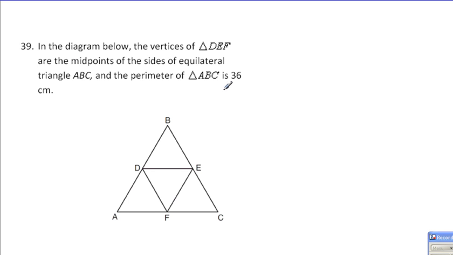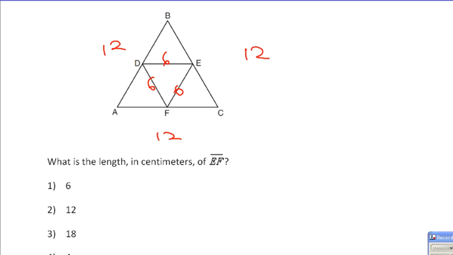All right, here we have the perimeter of the triangle ABC is 36. Now, each side will be equal to 12, which makes the smaller triangle have 6, 6, and 6. Now, what is the length of EF? EF will also be 6.